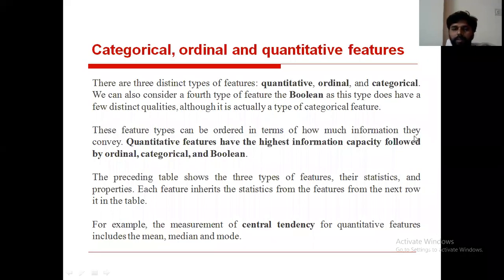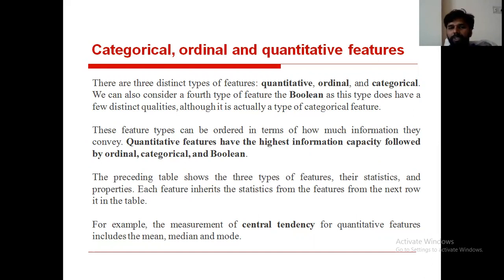See, now we discussed 4 important features: quantitative features, ordinal features, categorical features, Boolean features. Here, what will these features give? These features will give information. For example, you may take a quantitative feature.